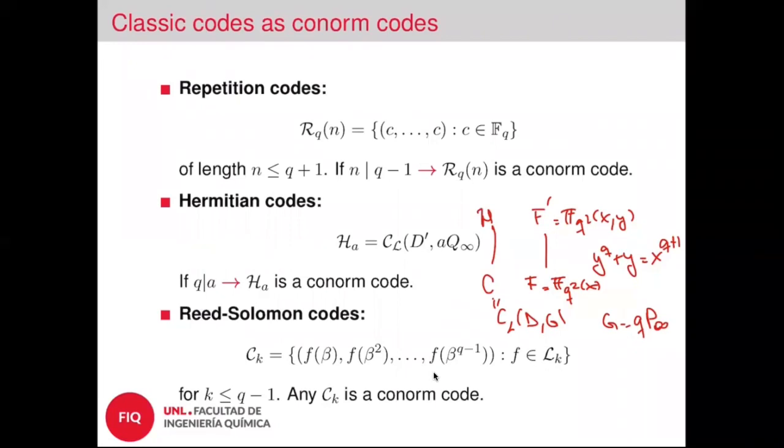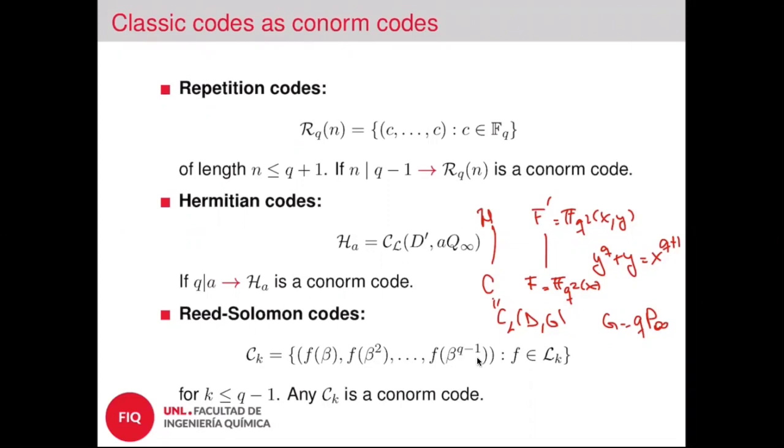And the more interesting example is the example of Reed-Solomon codes, because any Reed-Solomon code can be represented as a conorm code. The Reed-Solomon codes are just evaluating polynomials up to degree k in the q minus 1 elements of F_q except the 0.